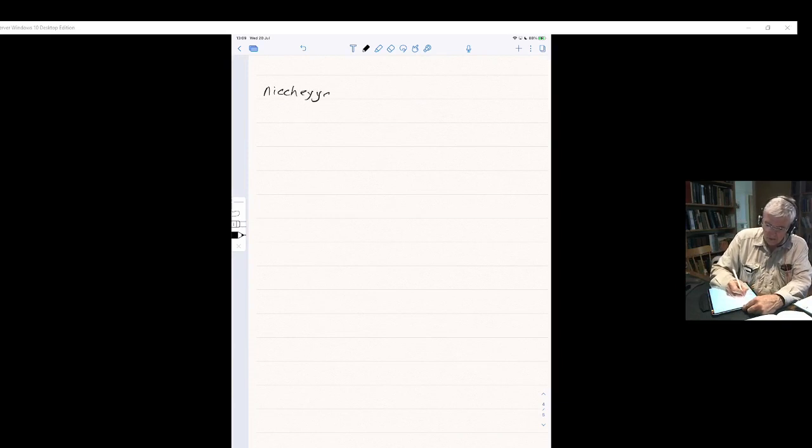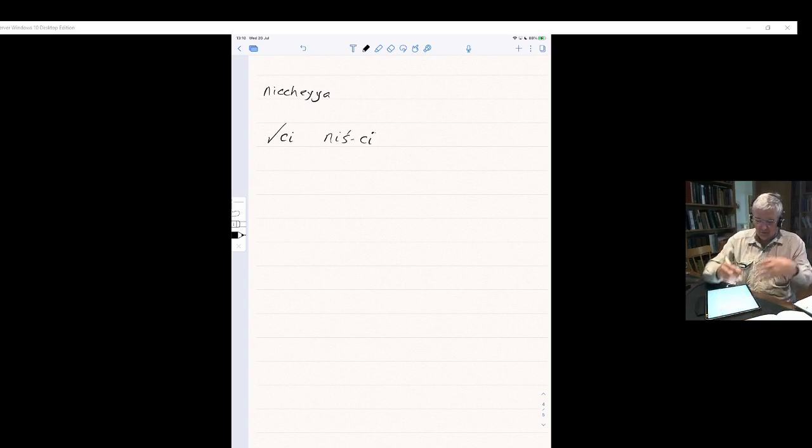Nicheya, as Paniolo observes, makes the optative unusually from the root rather than from the present stem. It's from the root chi, which means to pile up. Nishchi is to make a determination or a decision about it.